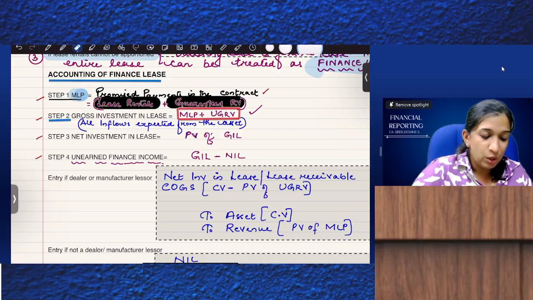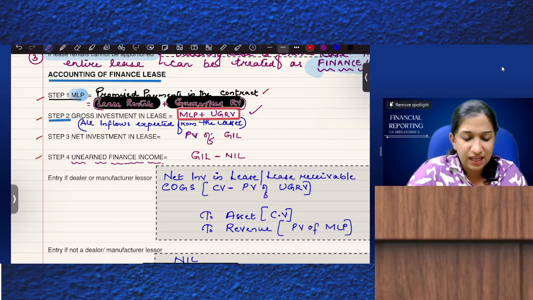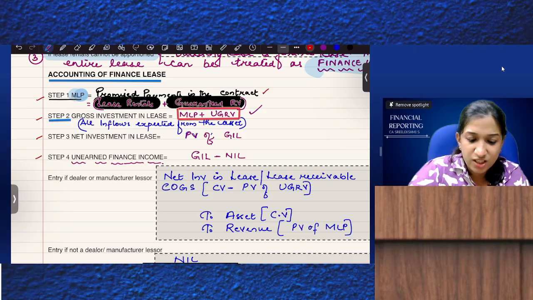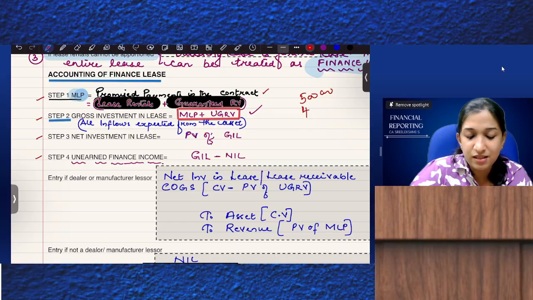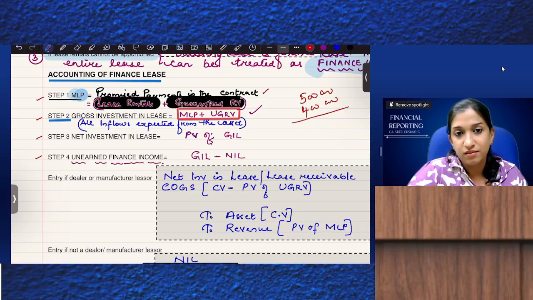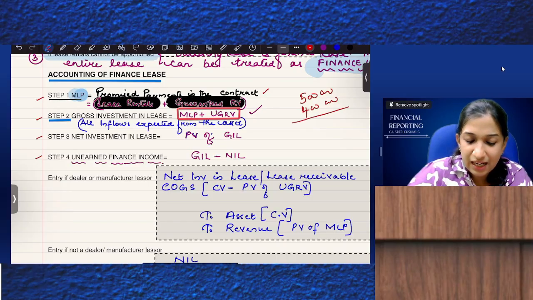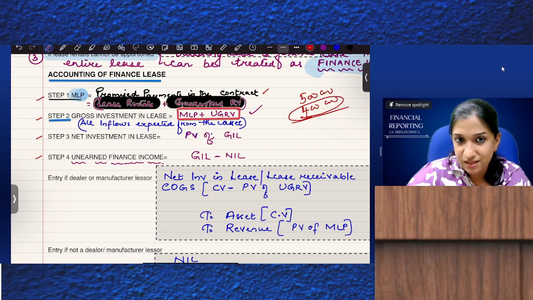That's it. So if in the question they say residual value expected is 5 lakhs, but residual value guaranteed is only 4 lakhs, you will get the guaranteed value of 4 lakhs, and extra if you can get.